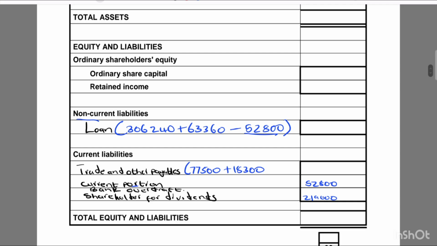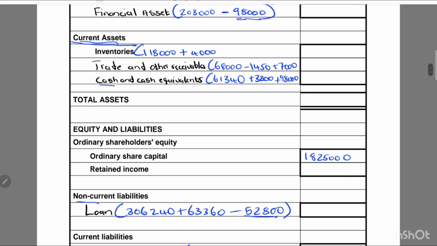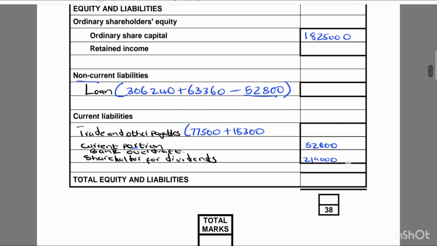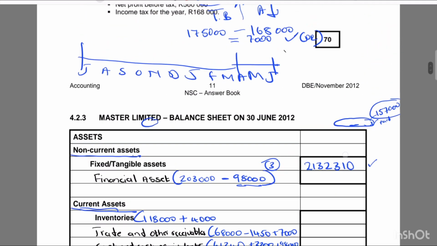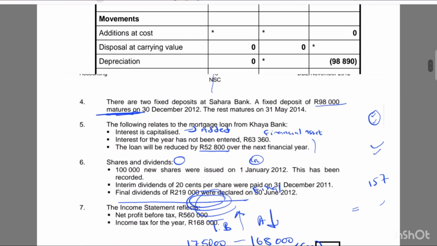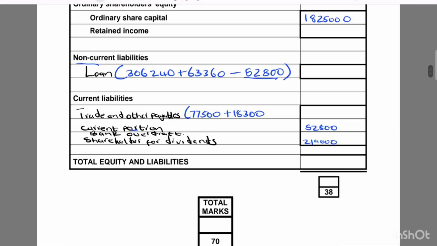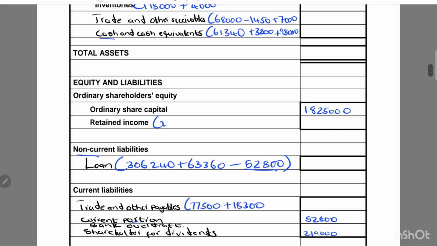So here I'm going to have 1,825,000, and then now I need to prepare my retained income. We are given the balance at the beginning of the year here. The balance at the beginning of the year under retained income is 26. No, I'm sorry, it's not 26,000. Let's go and check the balance at the beginning of the year.